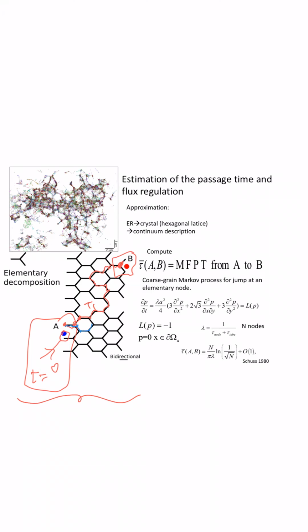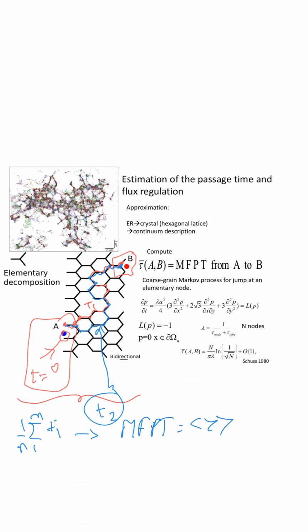You look again at the time for this trajectory and call it t2. Once you have all of these trajectories, you average the time over all of them. This is what is called the mean first passage time, tau, and this is what you're interested in estimating and calculating.